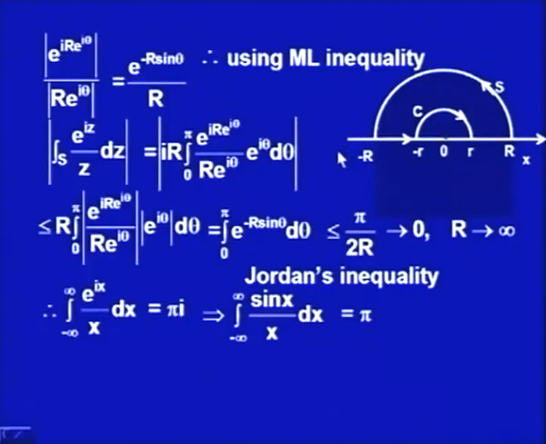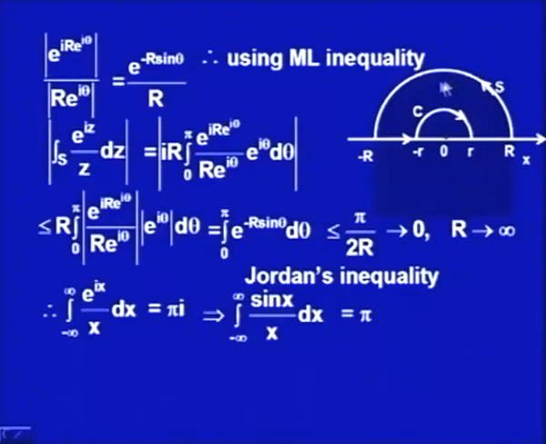But the second method said that the degree condition we could use when the difference is at least 1 and the integral is of the form f x into sin x or cos x, integrating from minus infinity to plus infinity.